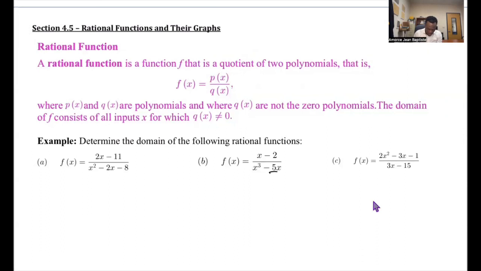Okay, never mind. This can be 5. Okay, so we're going to continue with that being 5.